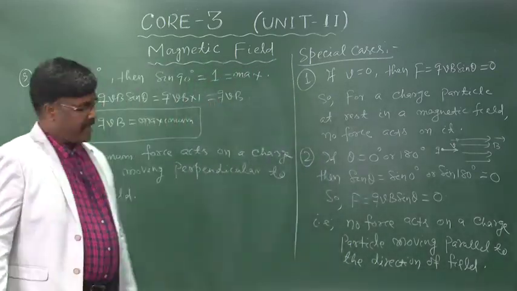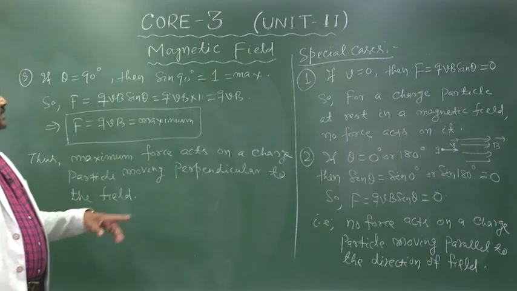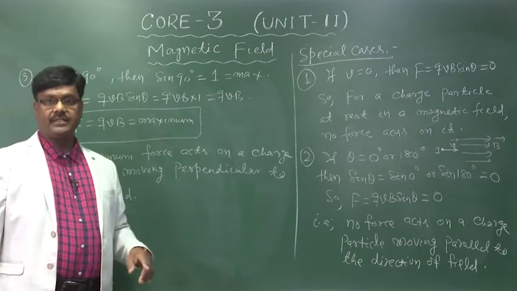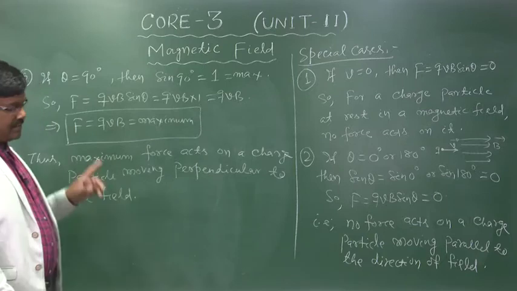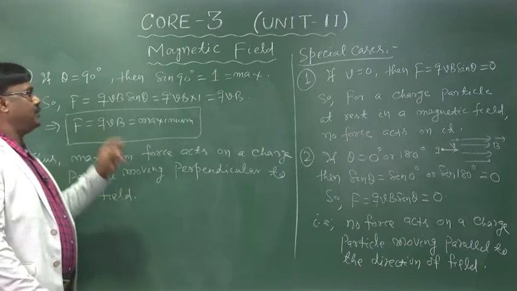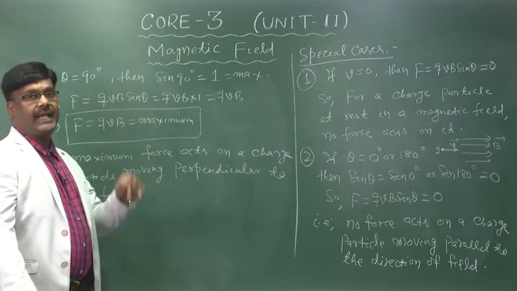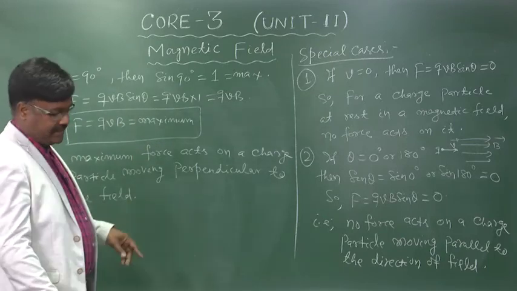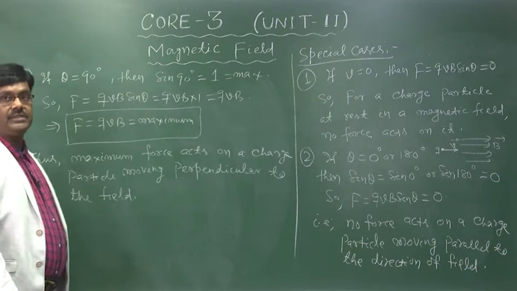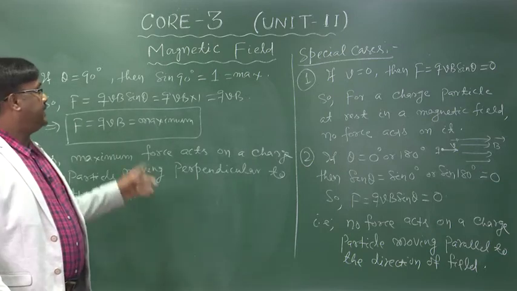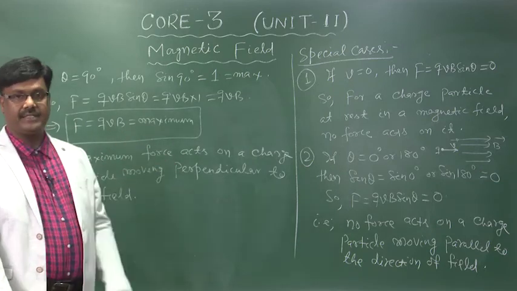Now, on which factors does the force depend? The force depends on the charge of the particle, velocity of the particle and magnetic field, then direction dependent, and it is mass independent.